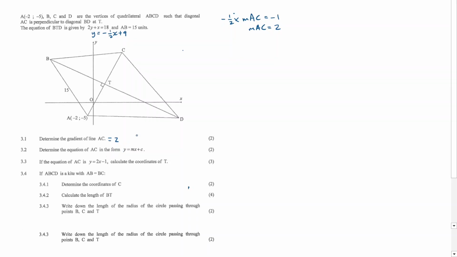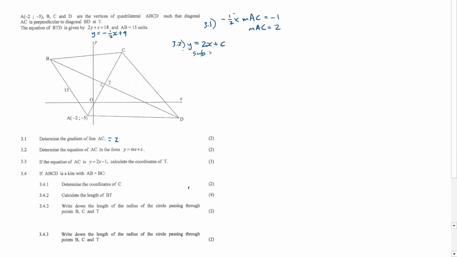Calculate the equation of AC, y equals mx plus c. So if I know that the gradient is 2, I can start by saying y equals 2x plus c. I'm missing one letter. Whenever I'm missing a letter in graphs, I sub in a point.